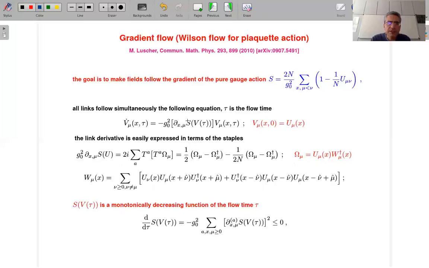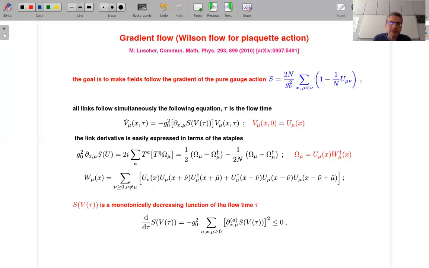I mean, you multiply the link variable by the gradient of the action. So you take the derivative of the action in this way, and the link derivative of the action can be expressed.